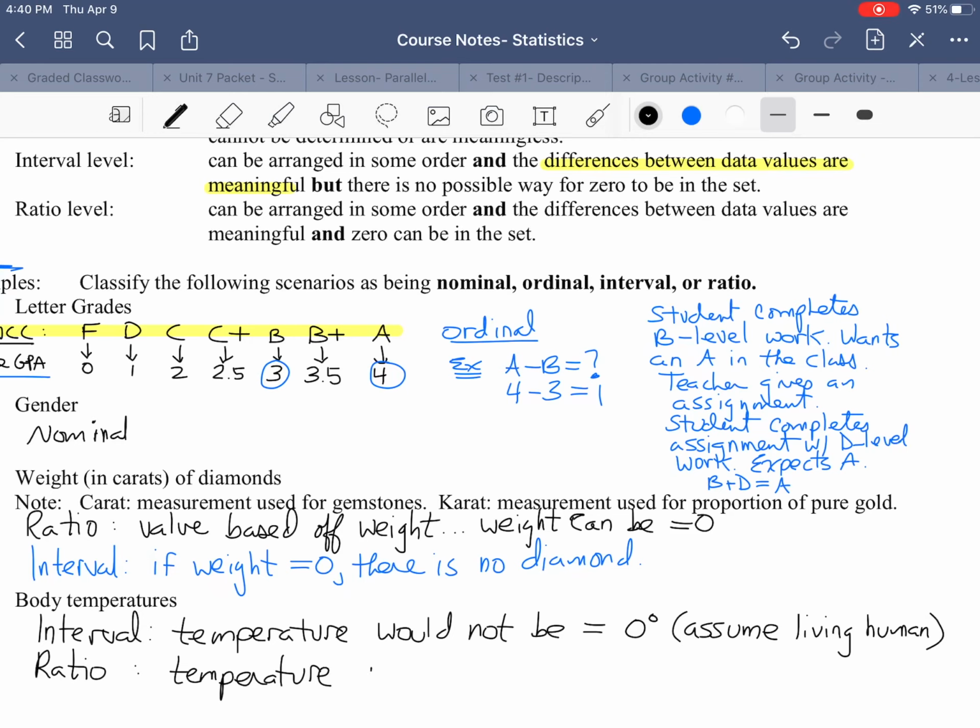Temperature can be 0 degrees. Who said anything about a living human?